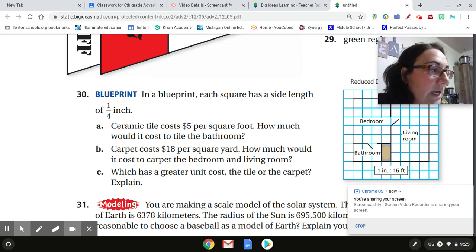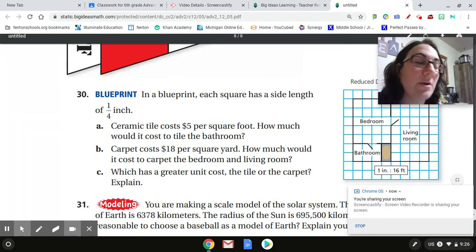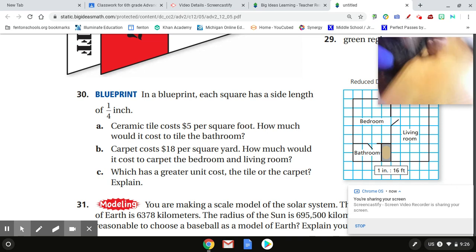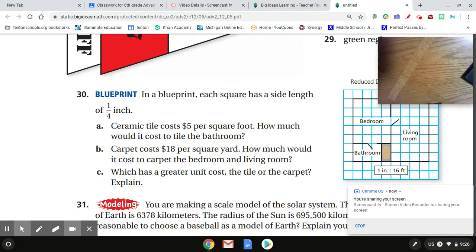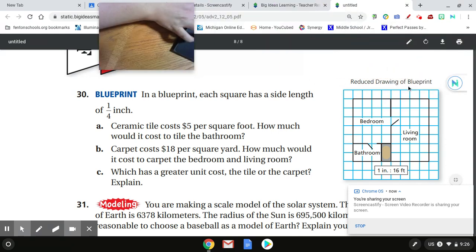So if you look on the screen here, I'm sharing my screen and the camera here. So number 30, we're taking a look at this blueprint. So what I want to do is work on this and look at number 30 at the same time. So it says in a blueprint, which is that blueprint there. Let me move the camera over here.